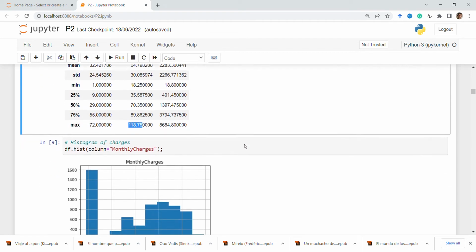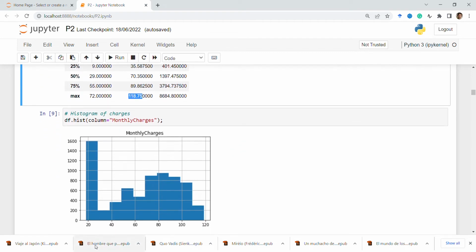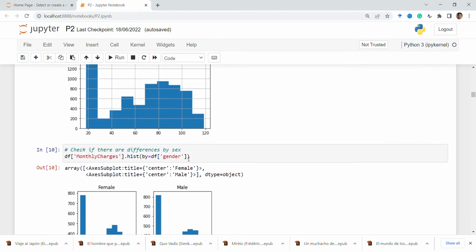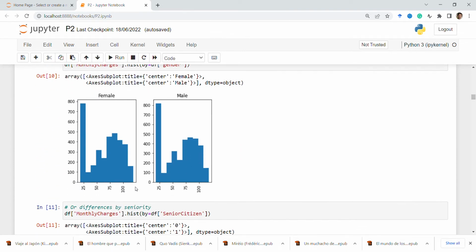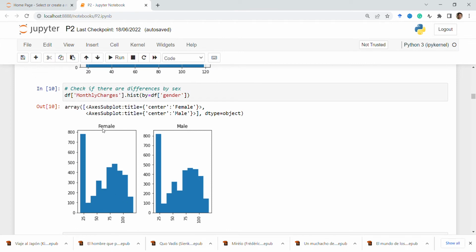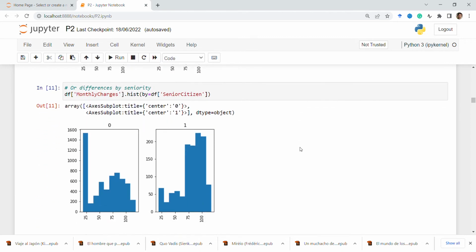And we make a histogram, so we see that there are a lot of people here in the $18 bin, and then most of the people are around 80. And then here we have the same plot, but now separating by male and female. So we have a couple of plots for each one of them, and the same for senior citizens.